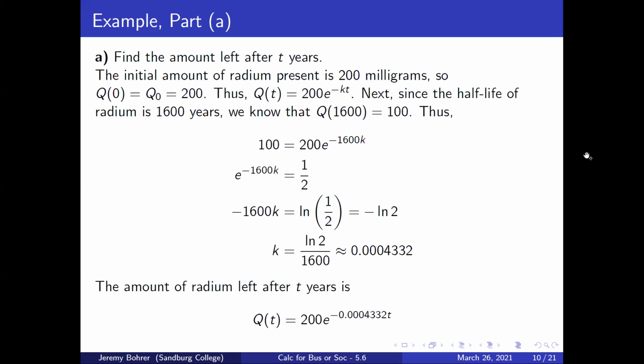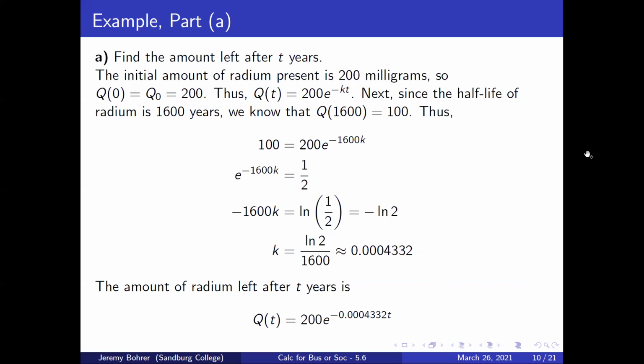The initial amount of radium present is 200 milligrams, so Q of 0 equals Q naught equals 200. Thus, Q of t equals 200 e to the negative kt. Next, since the half-life of radium is 1600 years, we know that Q of 1600 is 100. Thus, 100 equals 200 times e to the negative 1600k. So e to the negative 1600k equals 1/2.